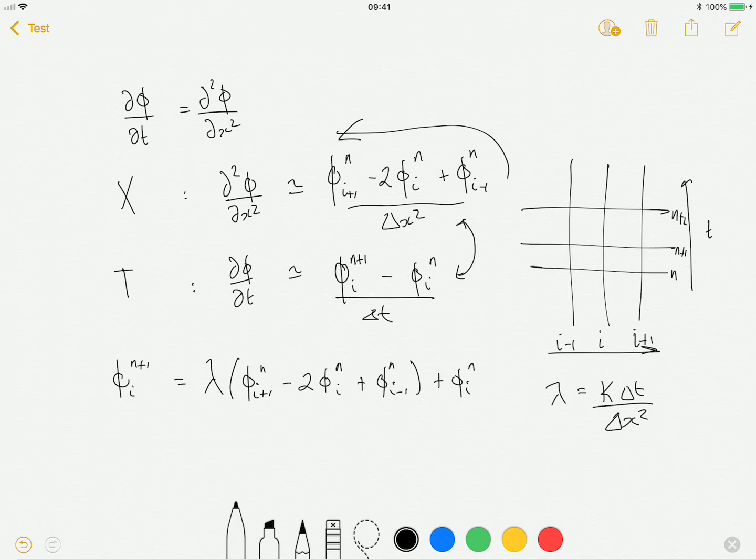Now this is quite important because it means that the stability and convergence are going to depend on this term λ, because it is controlled by the time and the space step.